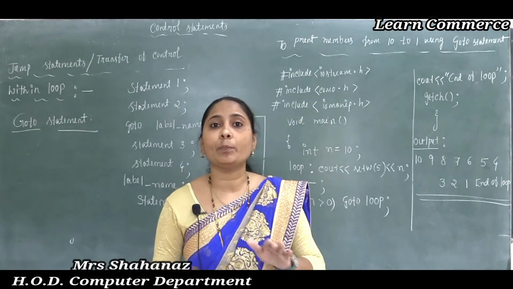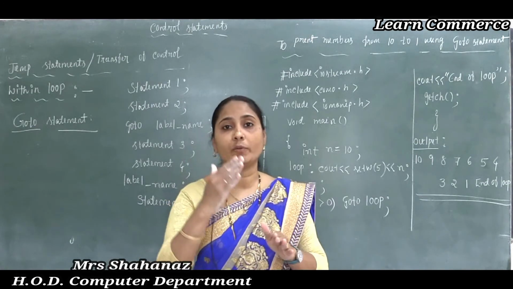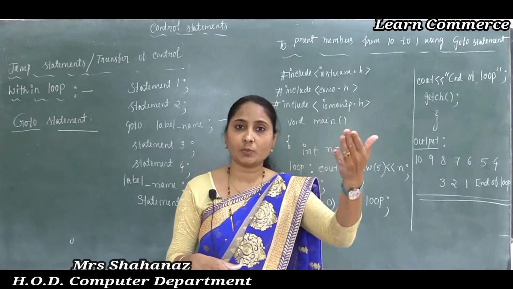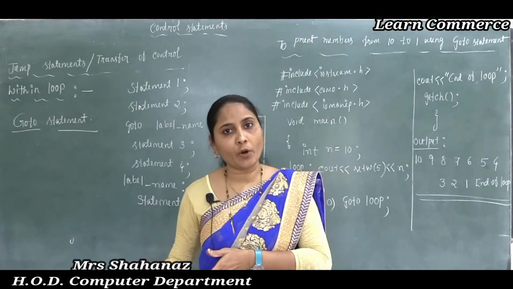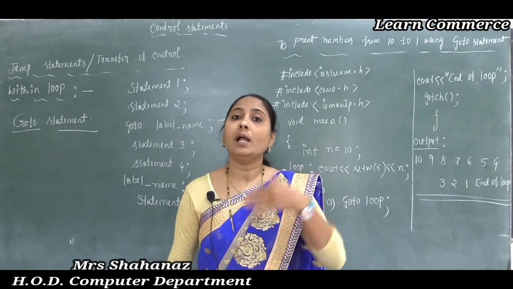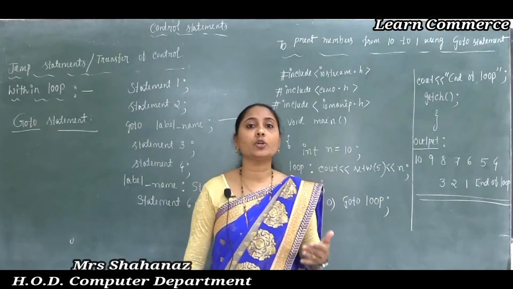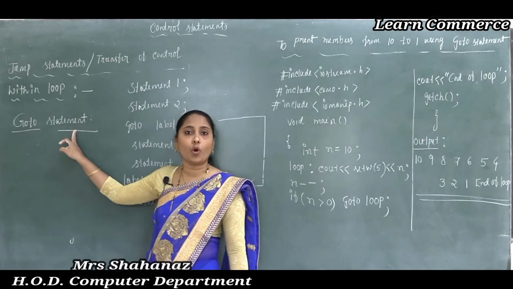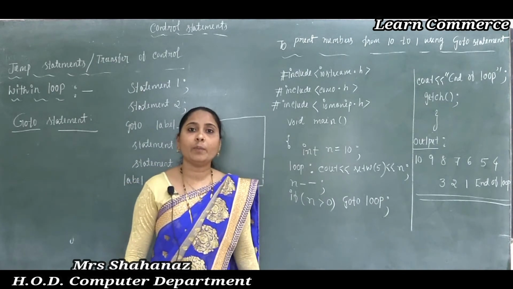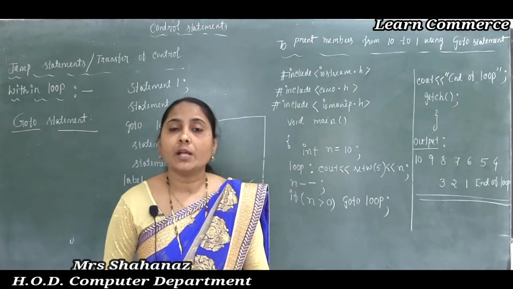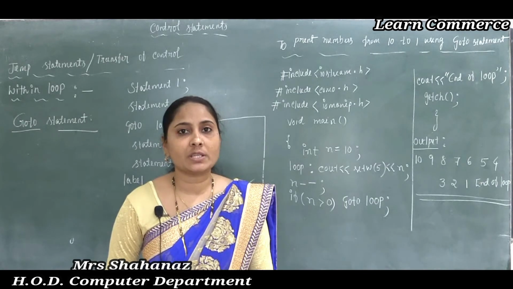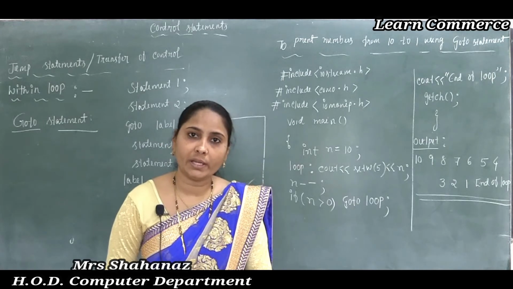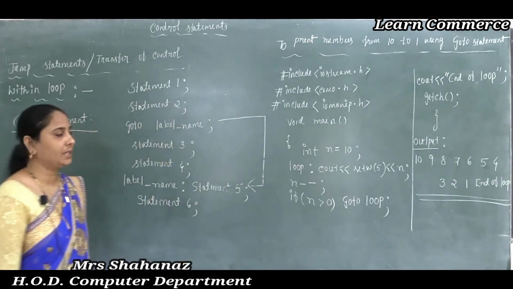So we can't get the points one by one here. Maybe the first point joins to our sixth point, maybe the sixth point joins to our second point. Like that, this is called the goto statement. It can go or move to any point of the program. So the goto statement is used to transfer the control from one point in a program to any other point in that program.